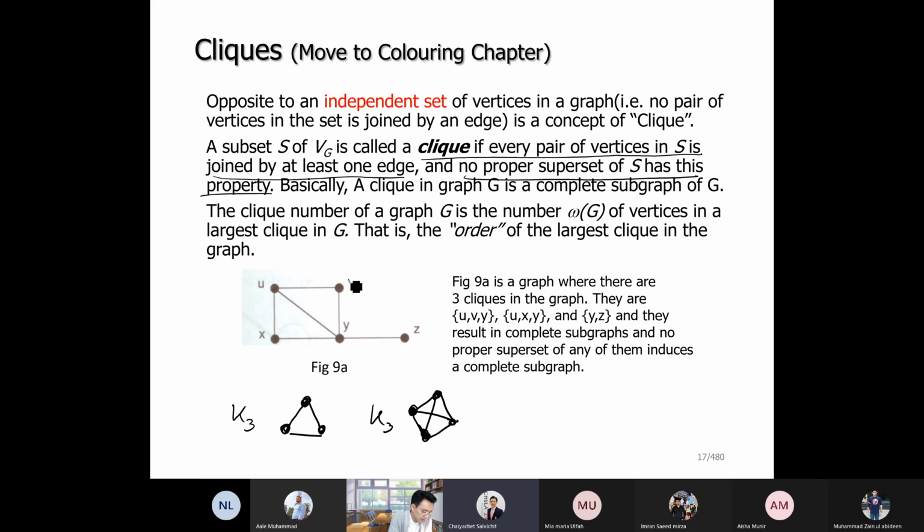There is this one, a clique of order 3, right? This is one of them, and another one of them, and another one of them.